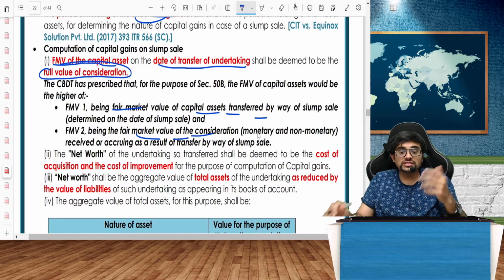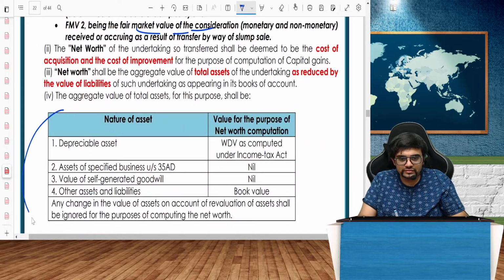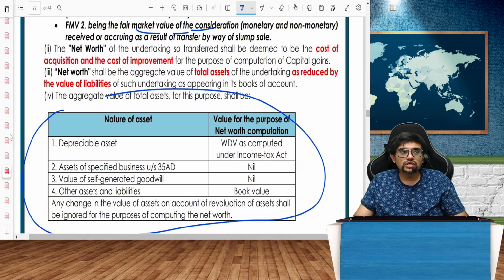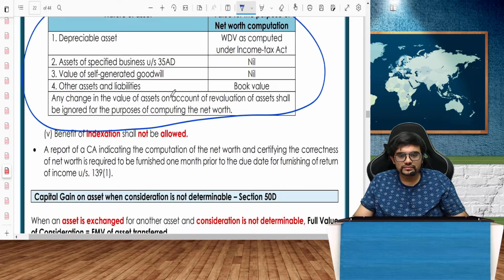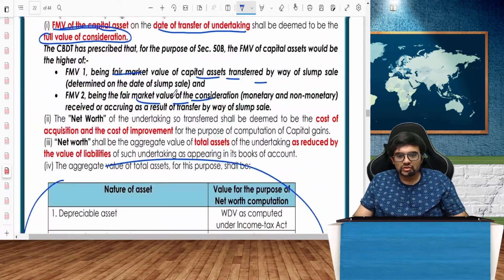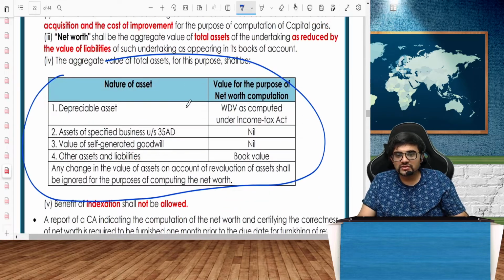What will be the cost? Cost will be the book value. If it is a depreciable asset, WDV. For assets under 35AD, because the capital expenditure has already been claimed 100%, that will be taken as nil. Self-generated goodwill is always nil. Other assets and liabilities, book value.